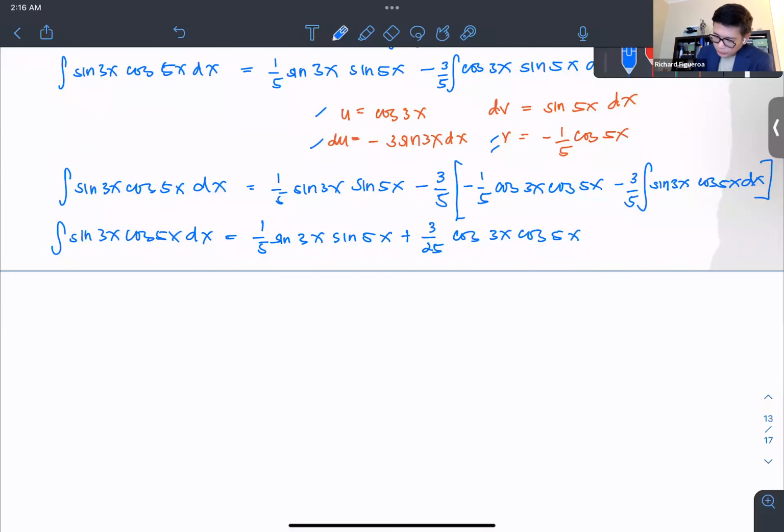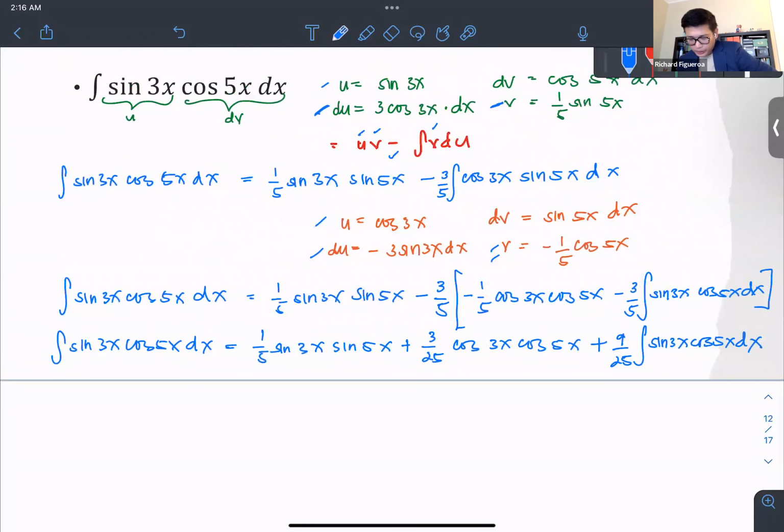And then negative 3/5 and negative 3/5 will become positive 9/25, then the integral of sine 3x cosine 5x dx.